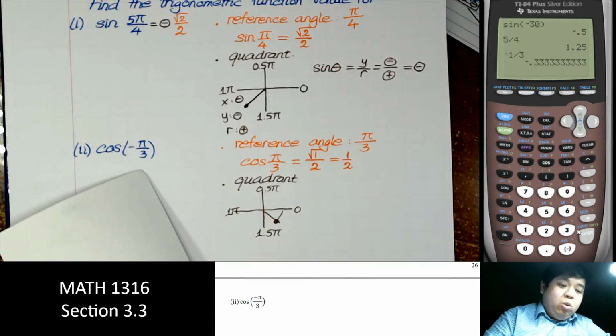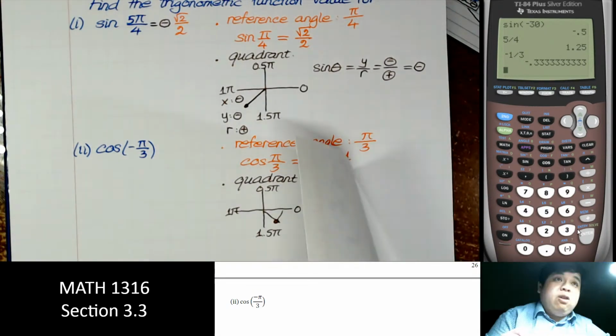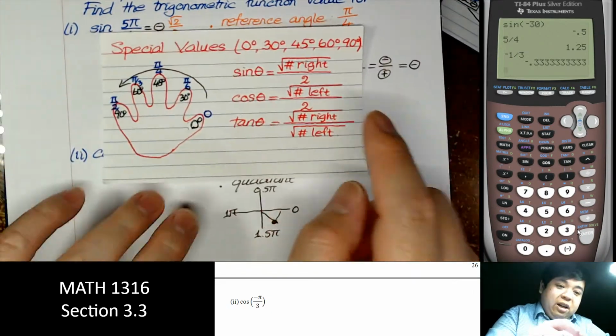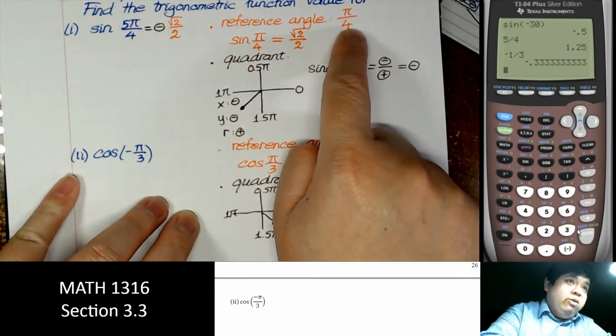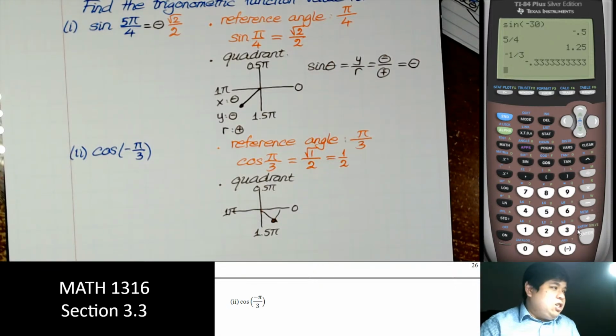Reduced fraction divided by 3, it's going to be pi over 3. We're just going to ignore the rest of the problem and find the values. It has to be in this range in order to use the hand rule. That's why we go to pi over 4. Of course, if you have the whole unit circle, you just go ahead and find the values.